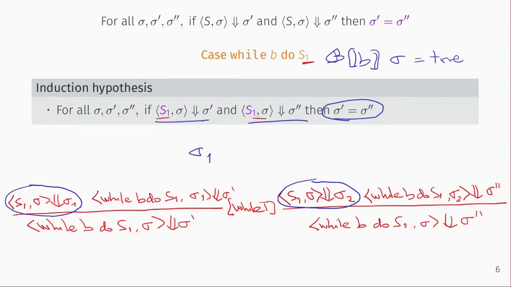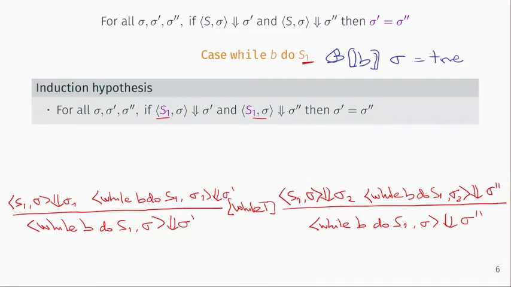So at the end what we have is sigma 1 equals sigma 2. So let's clear this up a bit. So we have sigma 1 has to be equal to sigma 2, as we have said, and just let me replace here the sigma 2 by sigma 1 because both are equal.